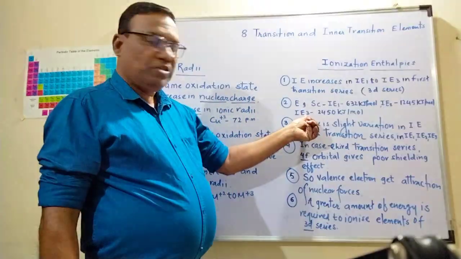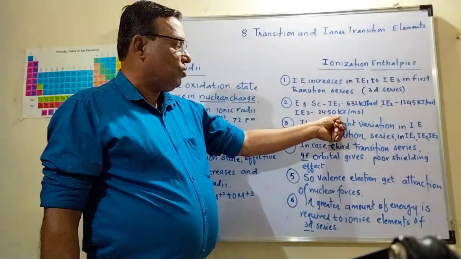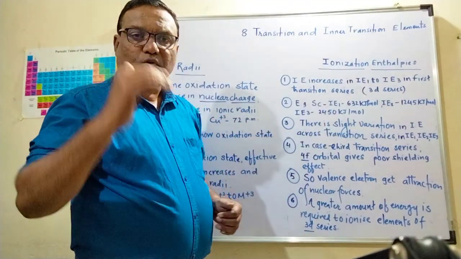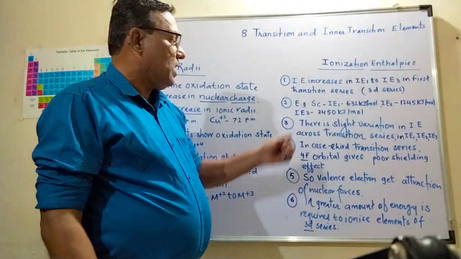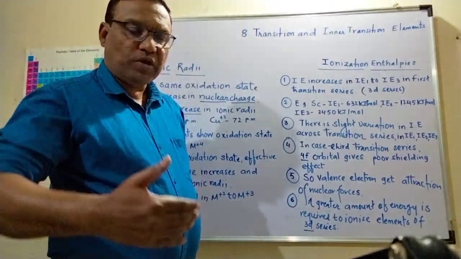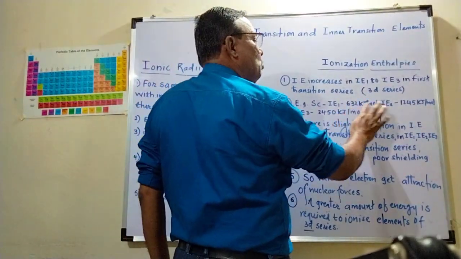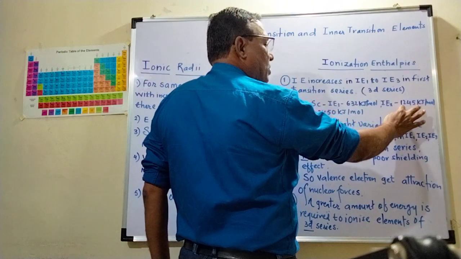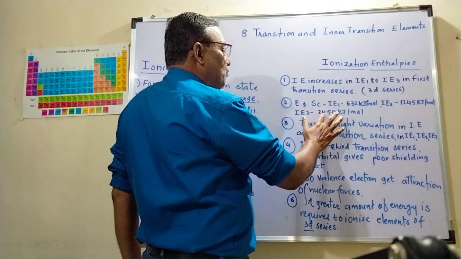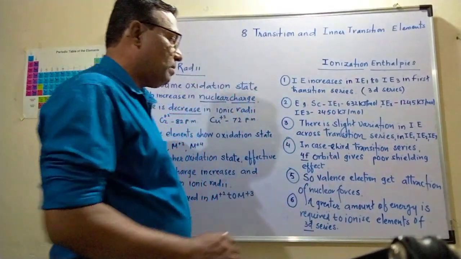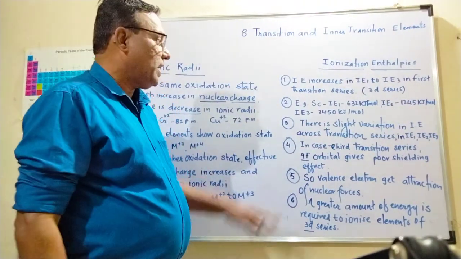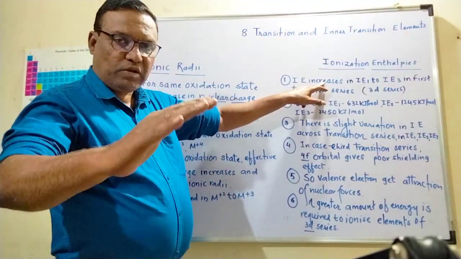Ionization enthalpy 3 in scandium, 2450 kJ per mole. So from this we can observe that ionization enthalpy values increase, and it is clear that the values are increased.